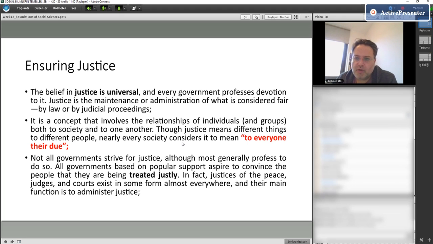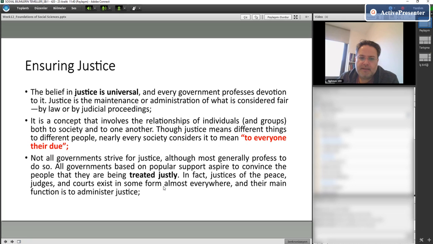If you hurt someone, you will get hurt by the existing judicial authorities like lawyers and the courts and the judges, by law. So every government strives for justice, for a just and fair society.